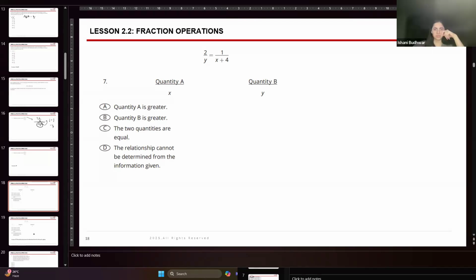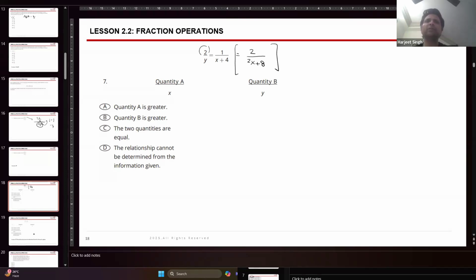So first of all, do you observe that there's a 2 here on the numerator? How can I make this as 2? This RHS, can I say multiply both numerator and denominator by 2?